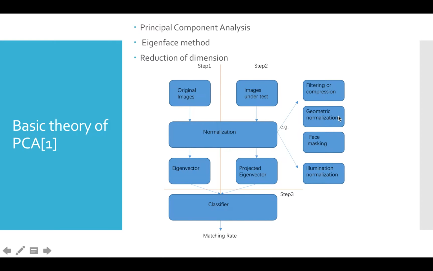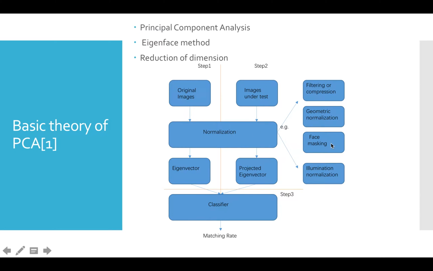The geometric normalization tries to rotate the pictures, because the orientation and the angle of a picture can be quite different. So by rotating the face, we can get the face region in the center of the picture.